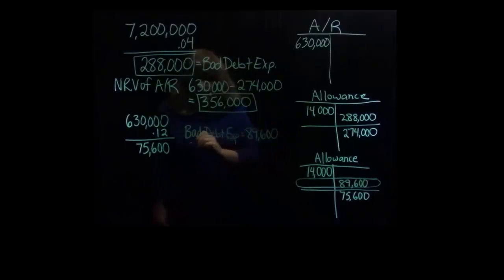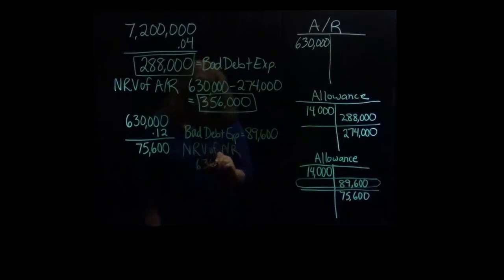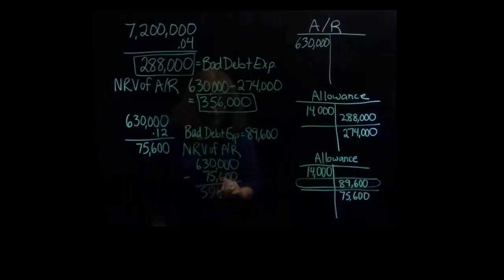$89,600. And then the net realizable value of the accounts receivable is going to be the $630,000 minus that amount that we expect not to collect, which is our ending balance in the allowance. And that equals $554,400.